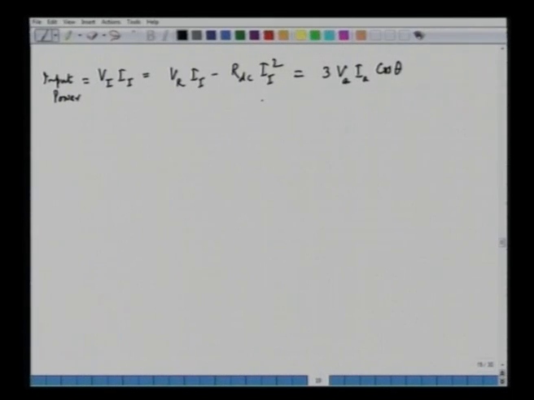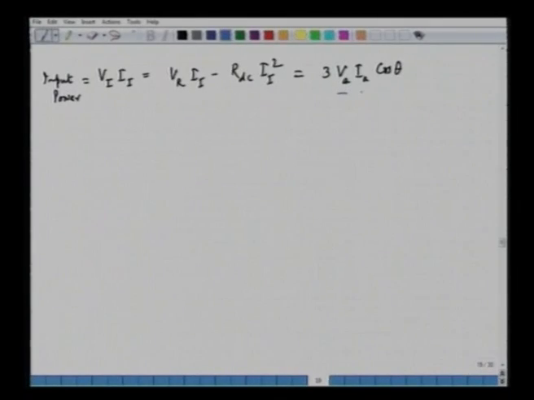Now this VI into II is the input of the CSI, and we have assumed that the inverter is lossless, and hence the input should be equal to the output, and that is equal to the input of the motor. The motor power factor is cos theta, the per phase voltage is VA, and the per phase current is IA. So we can say that the output of the CSI is 3 into VA into IA into cos theta.